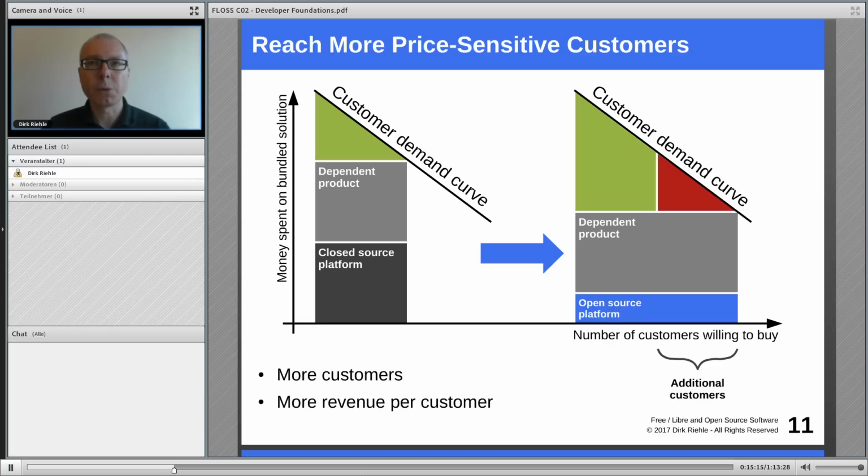So it's simply more customers that can be reached, while there's also a higher margin available if they are able to take advantage of that, which you often can by way of price lists, rebates, etc. So you slide down the demand curve, thereby increase your reach to more price-sensitive customers, and ultimately make more money as a vendor who is able to replace any closed source dependencies in the solution stack with open source software that is cheaper.